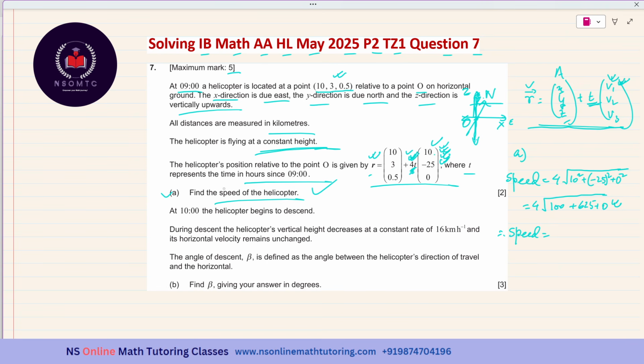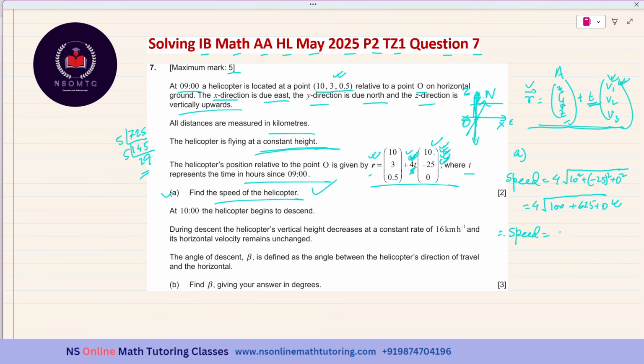100 plus 625 is 725, and we have to get the prime factors of 725. So I start with 5. 725 divided by 5 is 145, then 5 again gives 29, and 29 is a prime number. So 5 times 5 times 29.